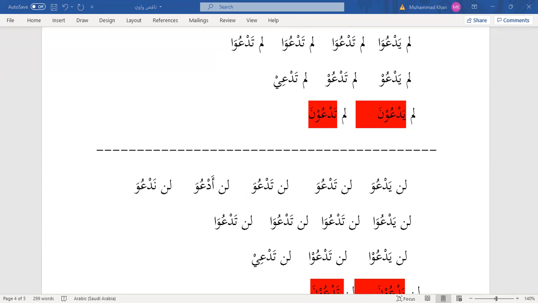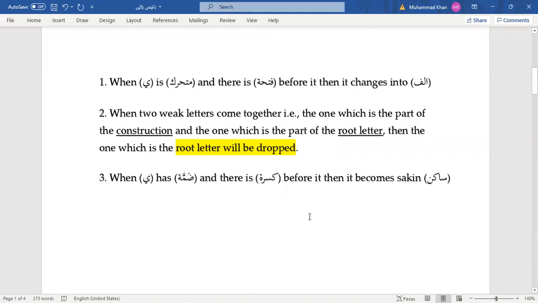Alhamdulillah. Okay. So now this is basically what we did yesterday or in the previous lesson, and this is something that is new. Now the rules are the same, by the way. The first rule is the same that we used for ajwaf.